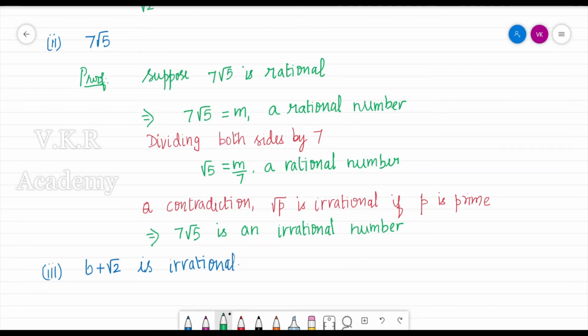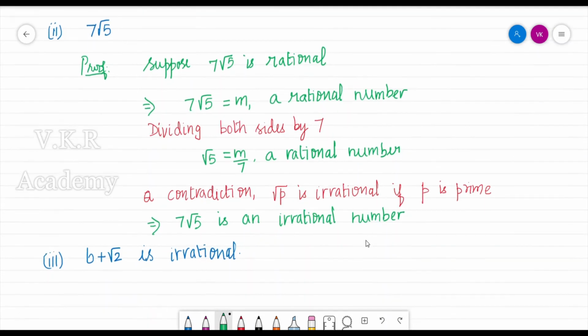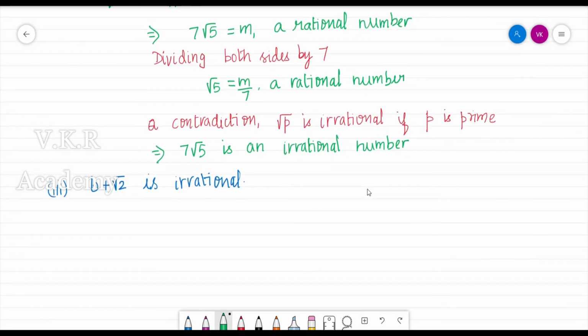Here again we assume the contradiction to the thing we need to prove, that is, 6 plus root 2 is rational.